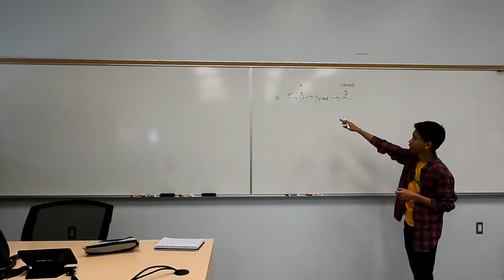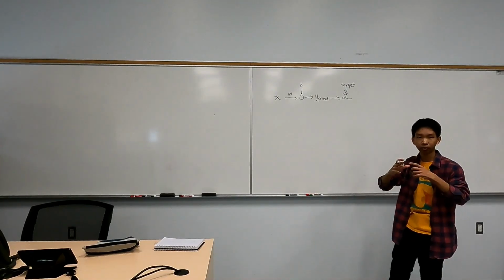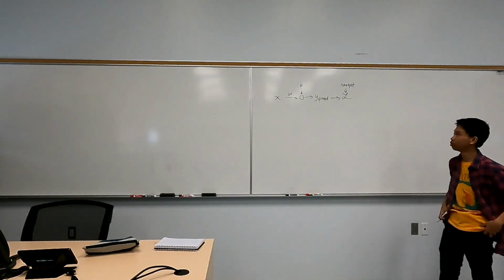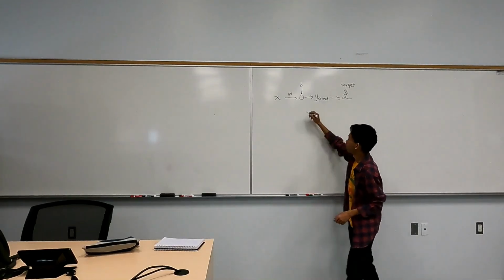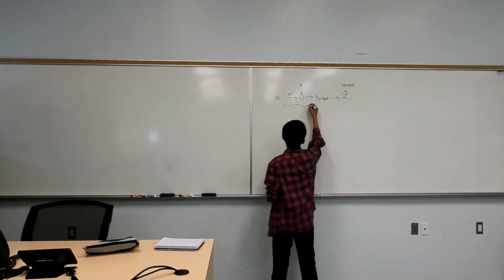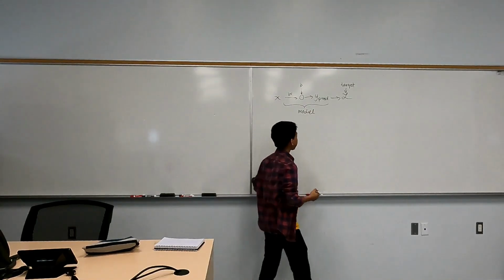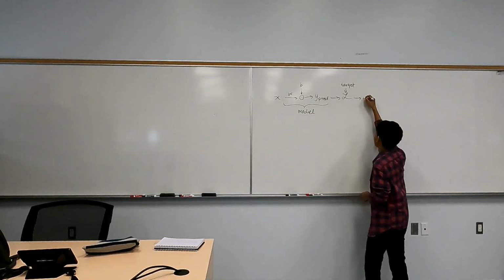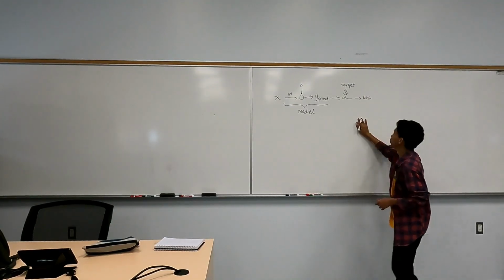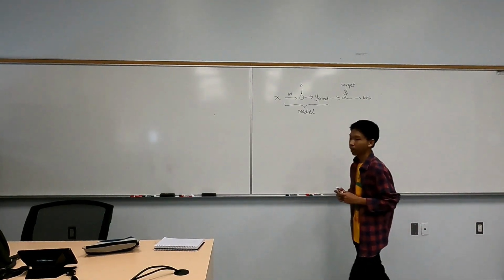This target and the input come from the data set. You don't usually know the target in the real world. So this is the model, and this is the loss part that gives you the loss.